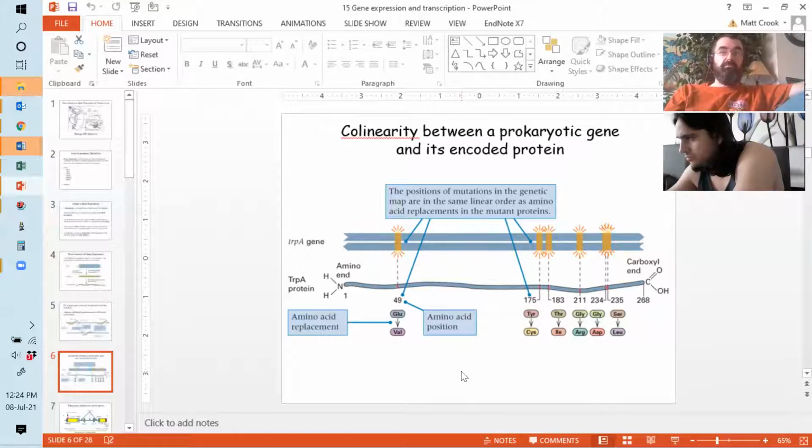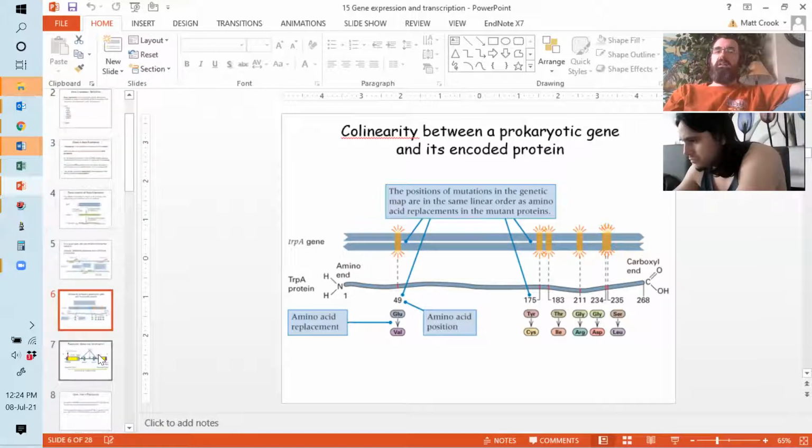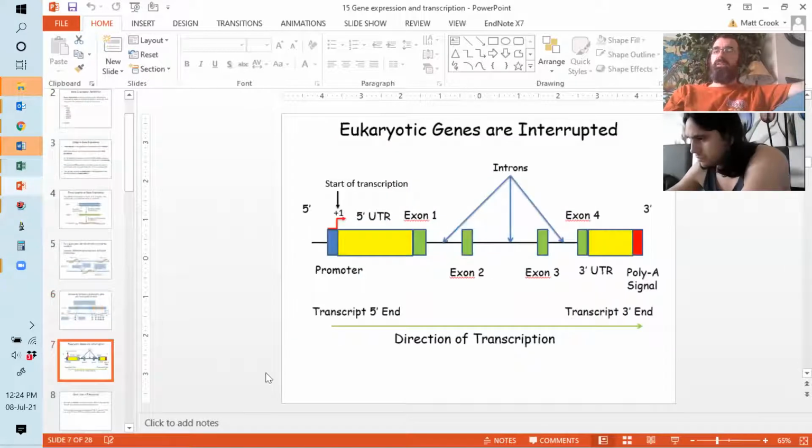So in some ways, prokaryotes are simpler in terms of gene expression than eukaryotes. Now for eukaryotes, however, that does not apply. The big difference here is eukaryotic genes have introns.